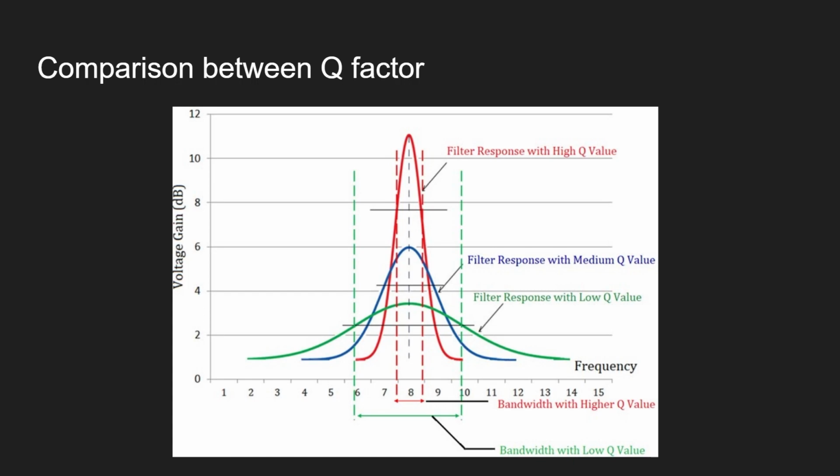We use the peak as the comparison, so it is 0.707 of the original. We draw a line here. Voltage gain is 1 over root 2, power is halved.